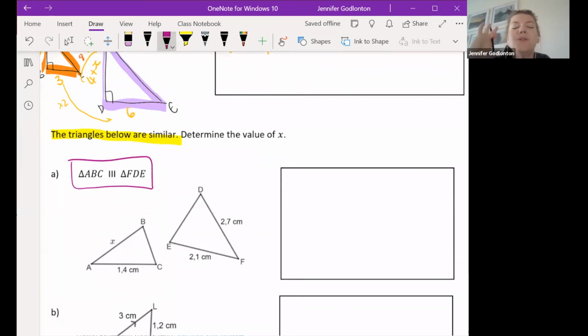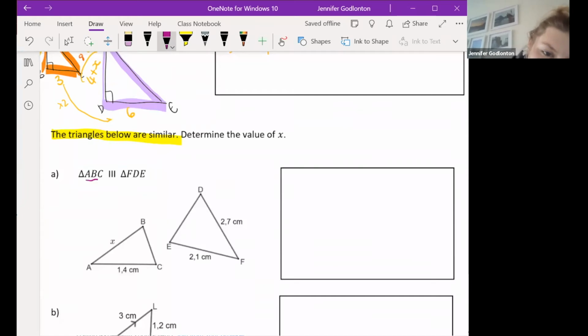That is why I have been stressing that these letters have to be in the correct order. So we're going to take the first 2 letters of the first triangle and put them over the first 2 letters of the second triangle. So we're going to say AB over FD.